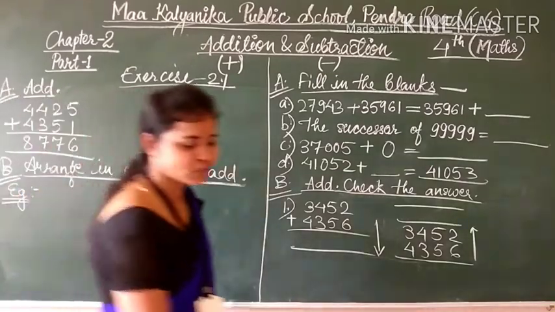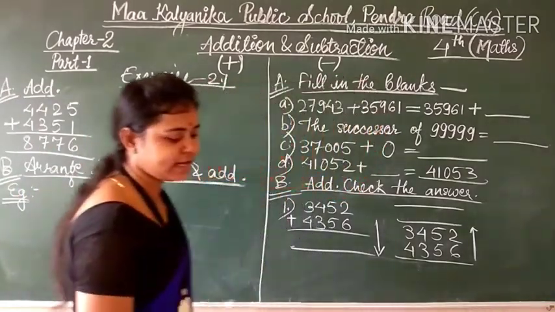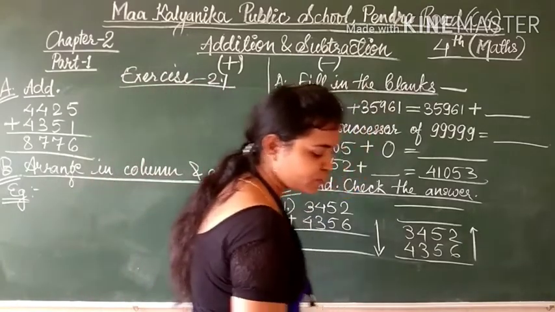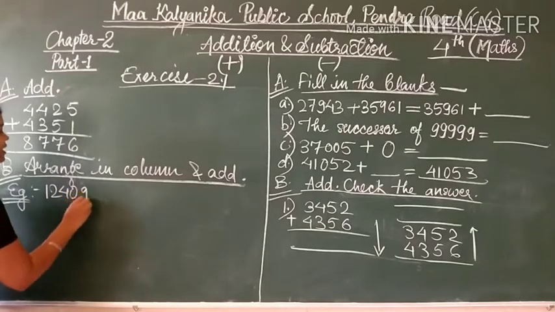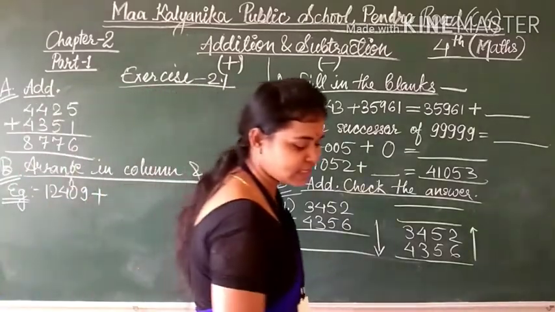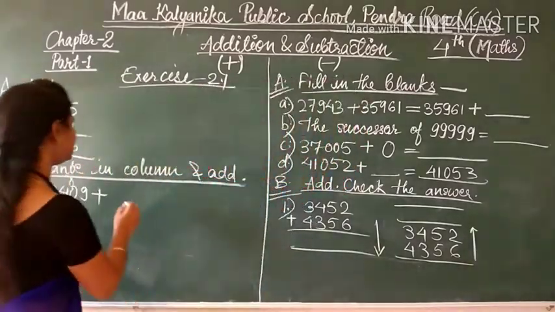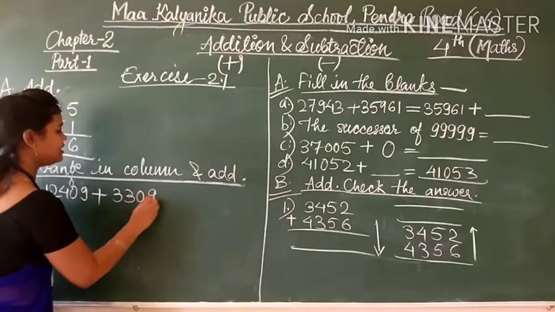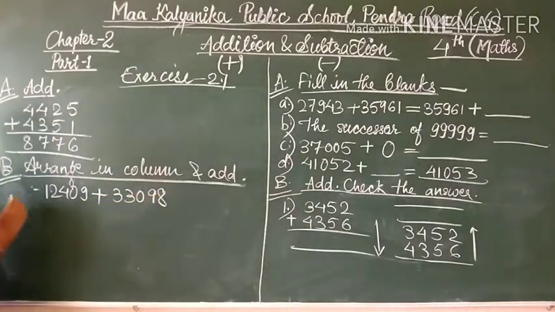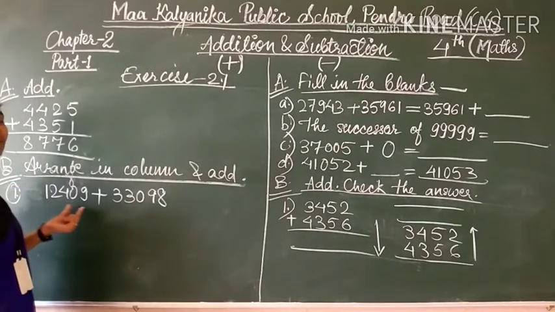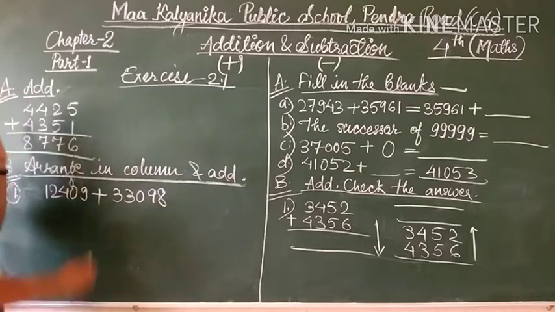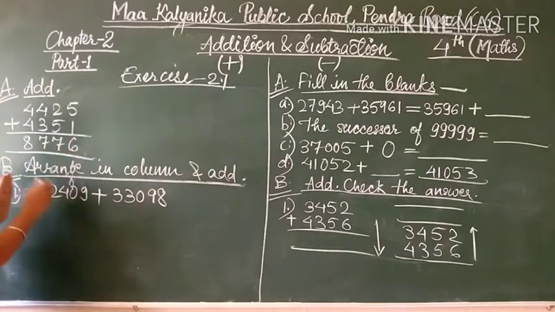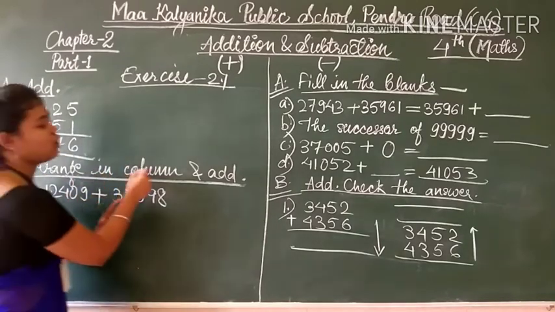The first question is 12,409 plus 33,098. Students, the question says arrange in column and add. You have to add, that is clear because add is written here and the plus sign is there.